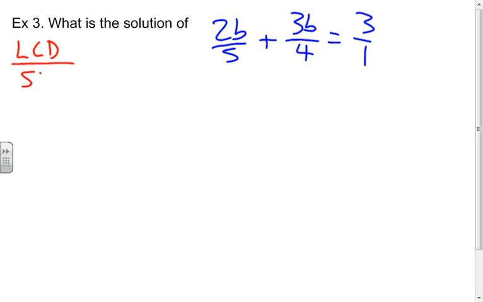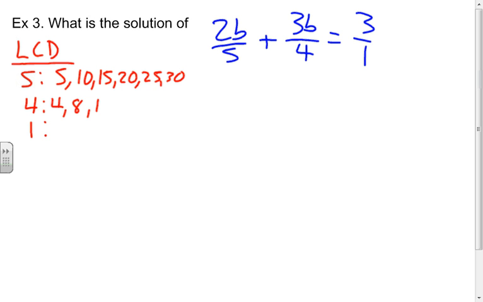My denominators are 5, 4, and 1. So what I'm going to do is count by 5s for a while. Now I'm going to count by 4s for a while. I'm not going to count by 1s yet, you'll see.